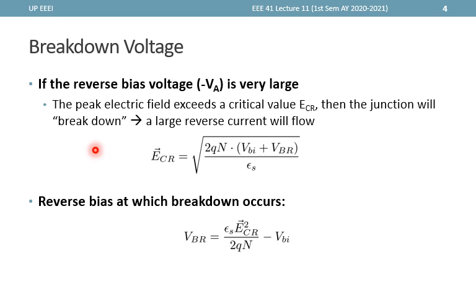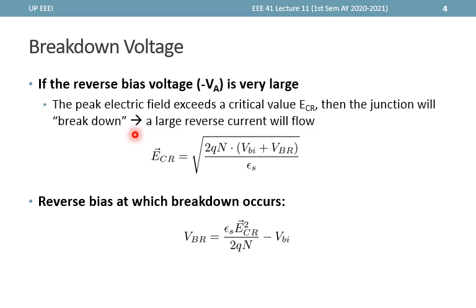Now, how do we determine that breakdown voltage, or what does it depend on? If we apply some reverse bias, that's why there's a negative sign here, that is large enough, the electric field actually increases until it exceeds some critical value ECR, or the critical electric field. When the electric field exceeds this value, the junction will enter a breakdown mode where suddenly a large reverse current will flow.